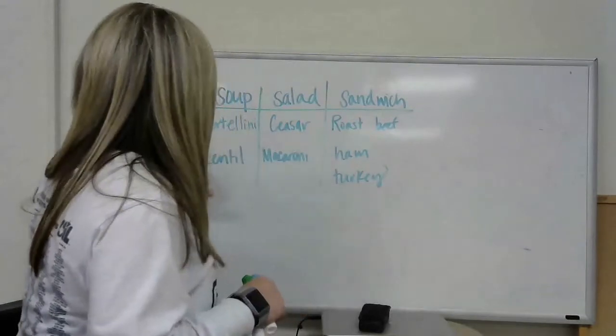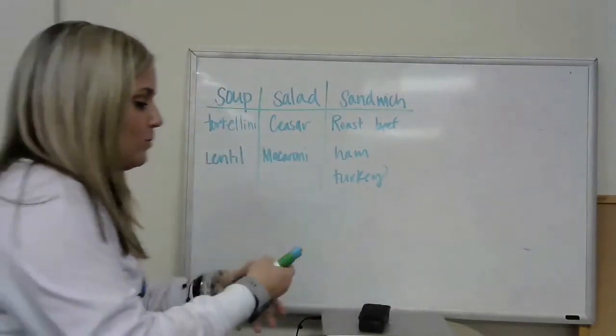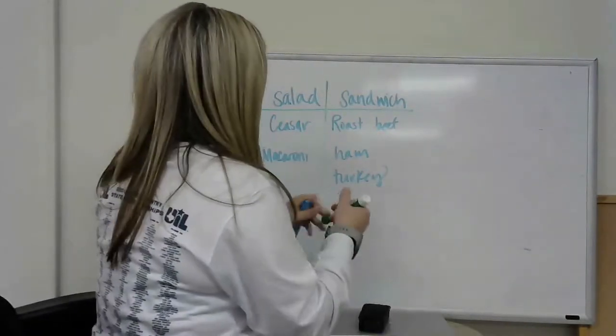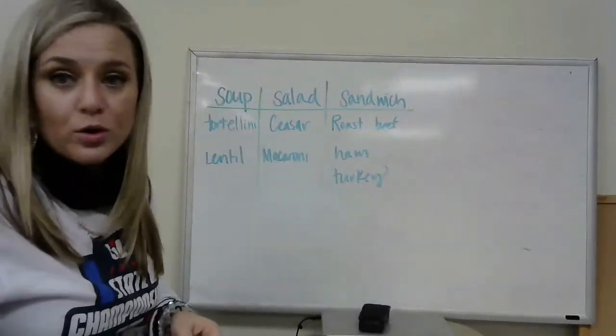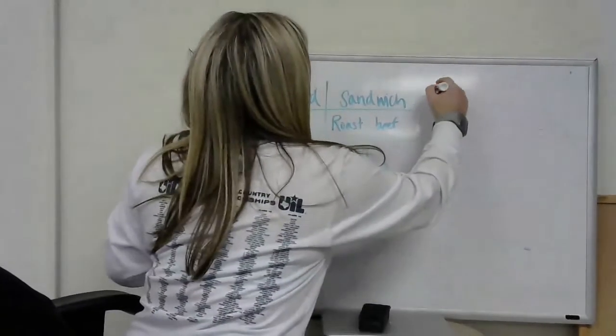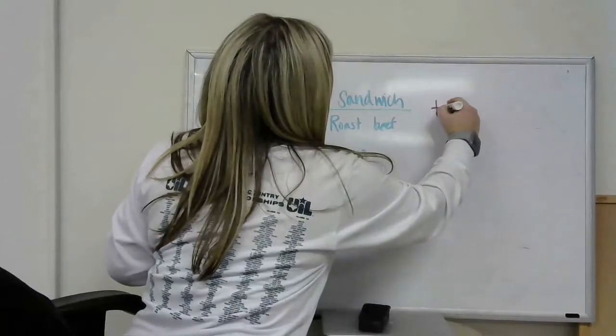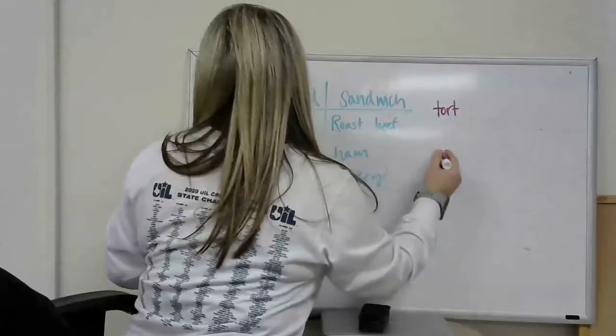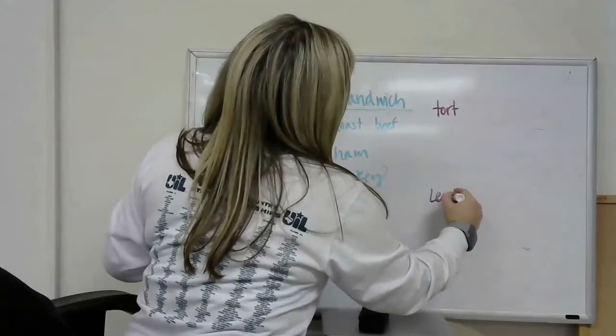All right, so we're going to start with tortellini soup or lentil soup, and we're going to do a little tree branch. You could either have tortellini, I'm just going to put tort, or lentil soup.